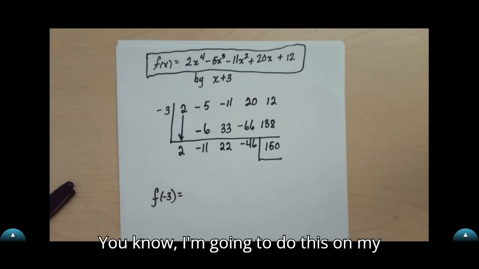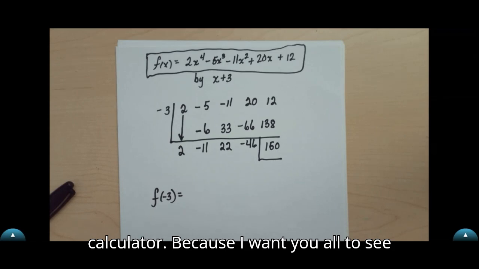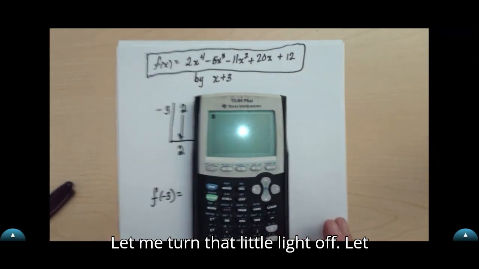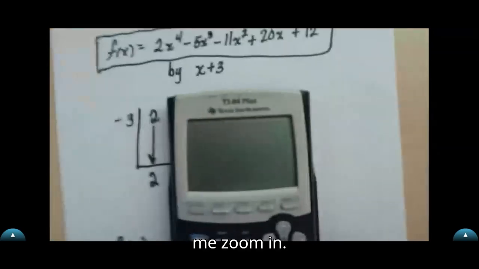I'm going to do this on my calculator because I want y'all to see why this should be way faster than it is. Let me turn that little light off. Let me zoom in.